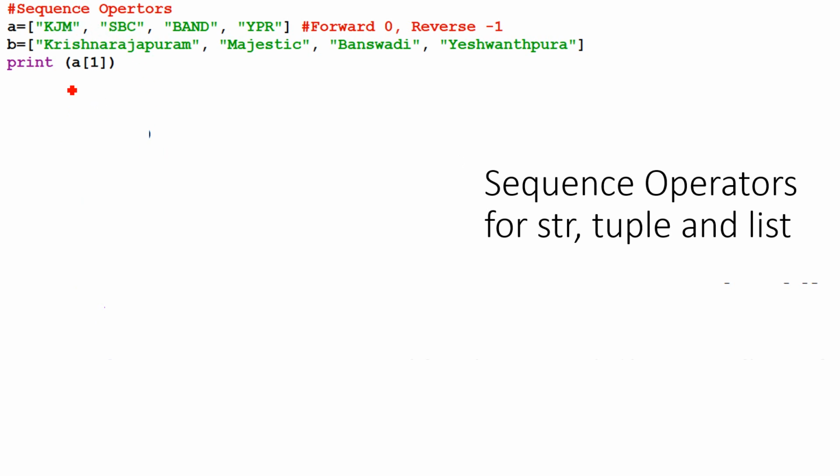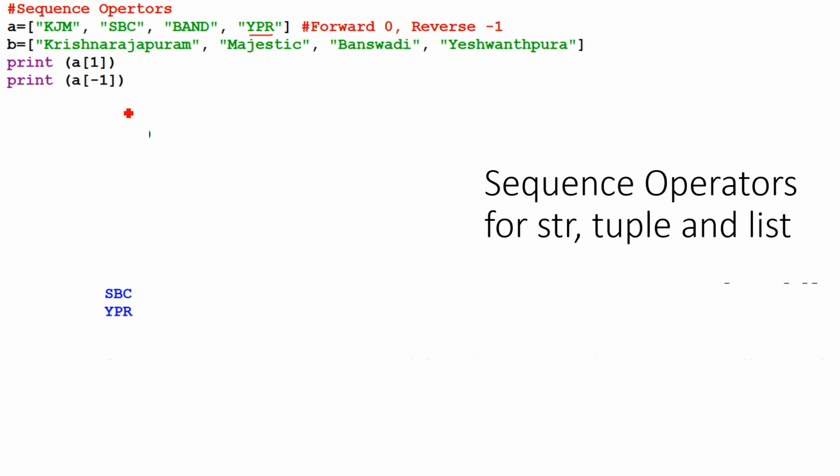So SBC will be printed for us. Next, we can also do the reverse accessing. In the reverse accessing, we can access the last element of a list with the help of -1 index. So -1 means the last one, which is YPR. So YPR will be printed for us.